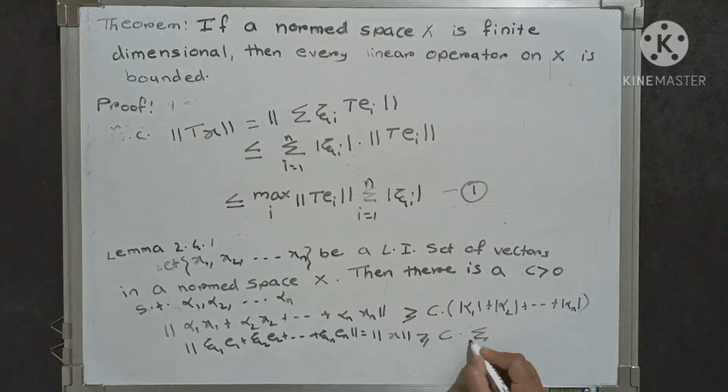That means we have the summation i from 1 to n of mod of xi i.